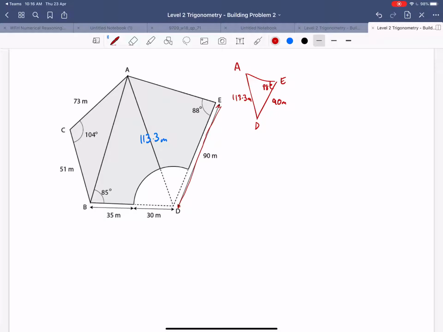However, at the moment we've got two sides and an angle, and we can't use the cosine rule because we don't have the angle between these two sides, so we can't find AE. Okay, because you need two sides and an angle between them to find a third side.